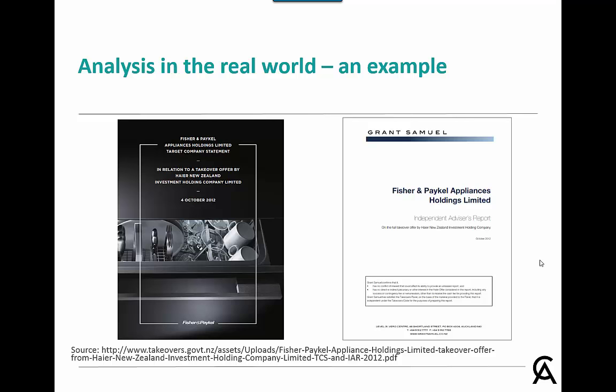It's about 70 pages long. It goes through the operations, accounting and finance information, strategy and the business environment. Like everything in the star diagram we saw earlier, it uses that information to analyse and evaluate the takeover offer.